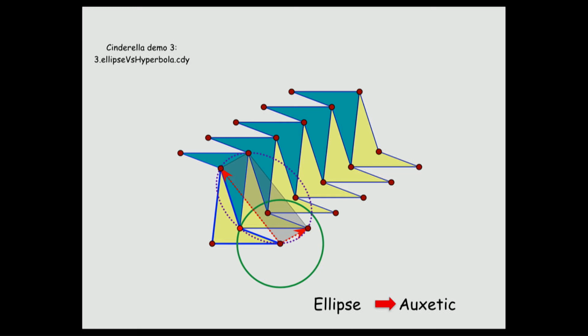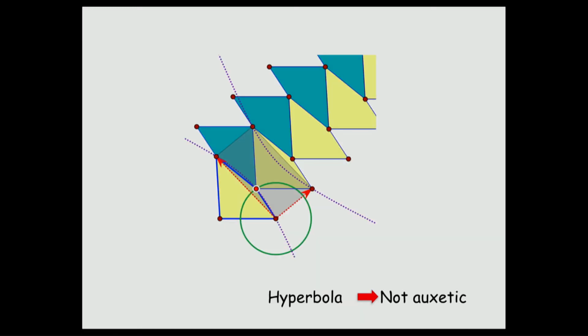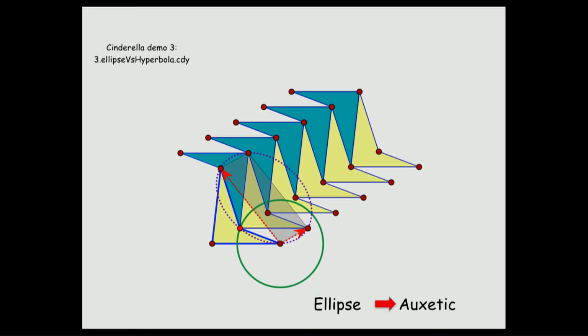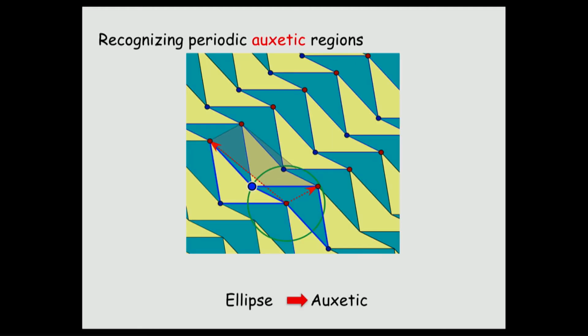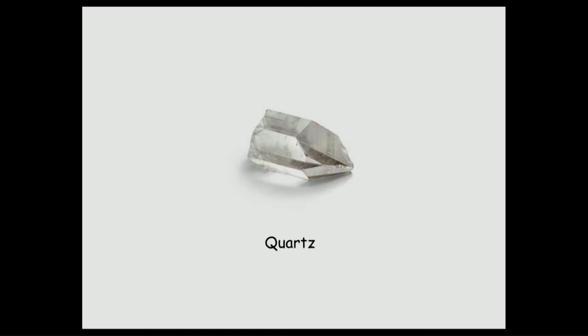So in 2D it will be an ellipse versus a hyperbola. And when that ellipse is present, we know that the motion is auxetic, and when it turns into a hyperbola, it's no longer auxetic.